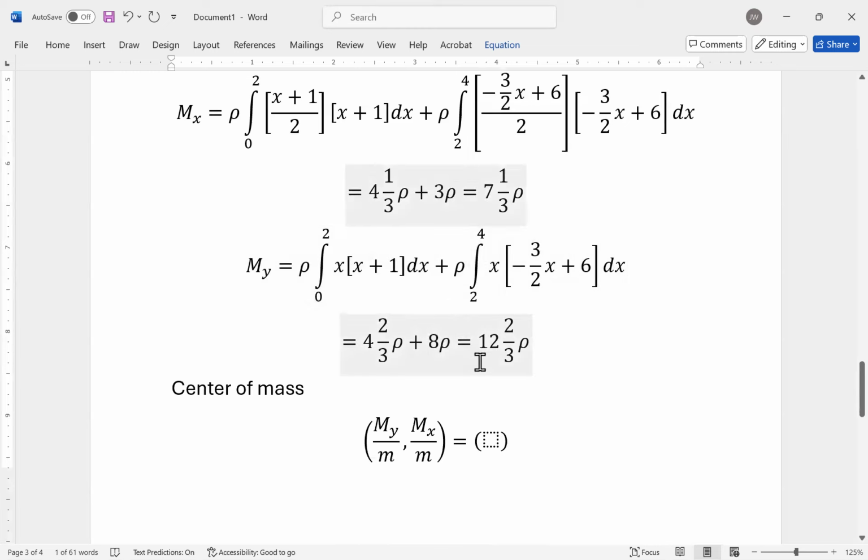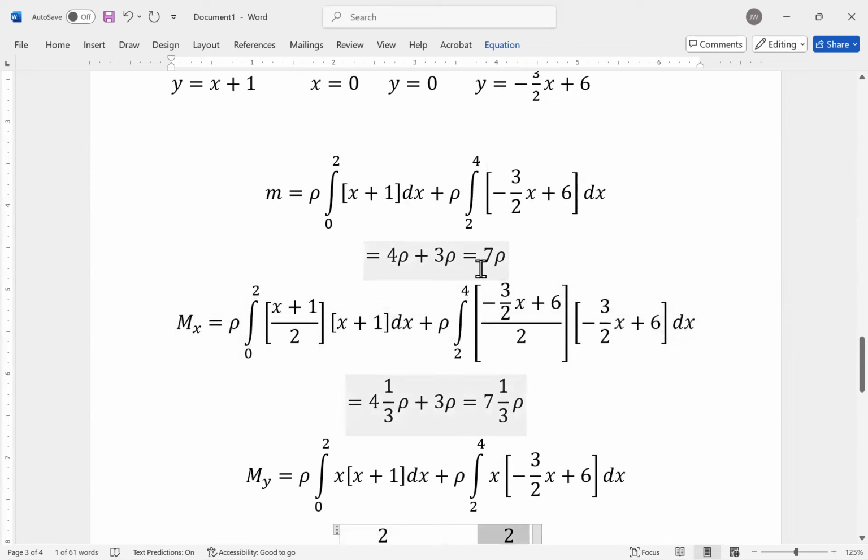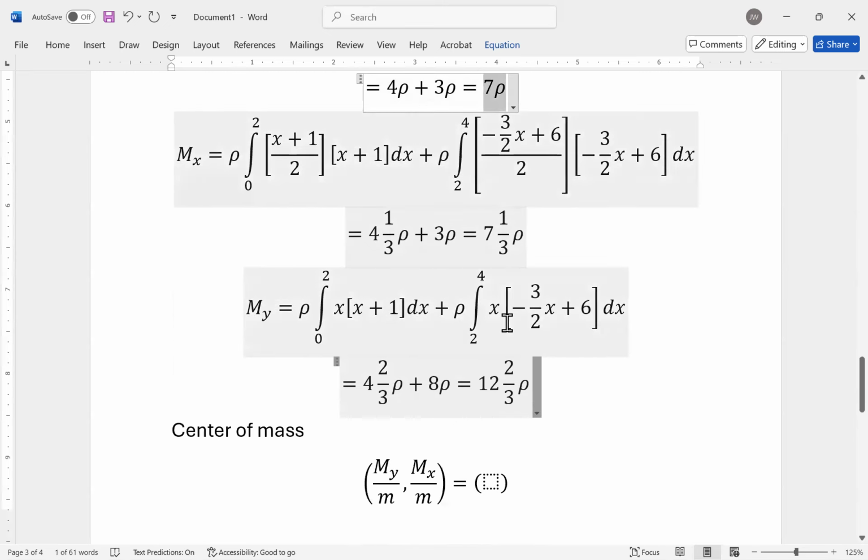What we should do is take the total m sub y, that is the total moment from the y-axis, and divide it by the total mass. And then to find the y value, I take the total moment from the x-axis or about the x-axis and divide it by the total mass. So be careful when you do this.